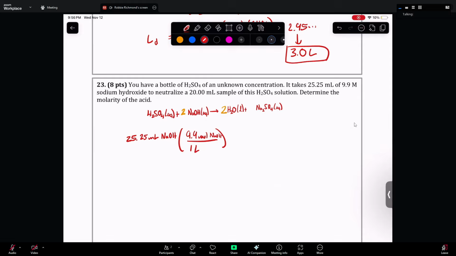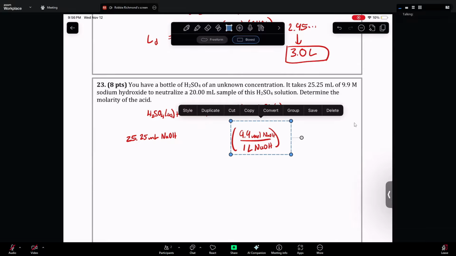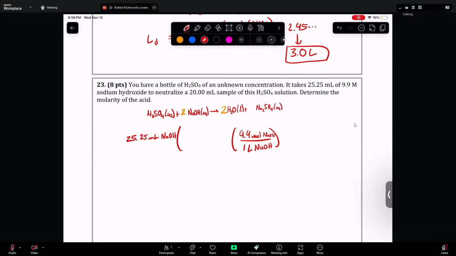The issue here is that we're given things in milliliters. So 1 milliliter is 10 to the negative 3 liters. Then we can throw that in to figure out the amount of moles, and then the stoichiometric ratio.